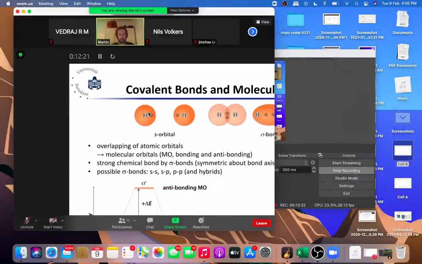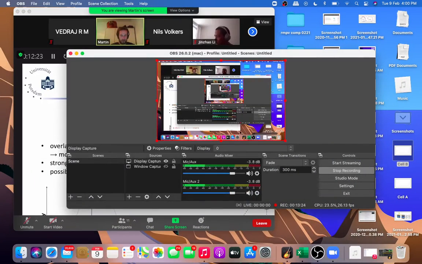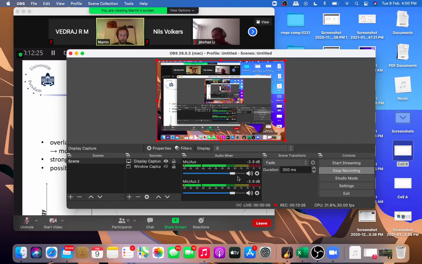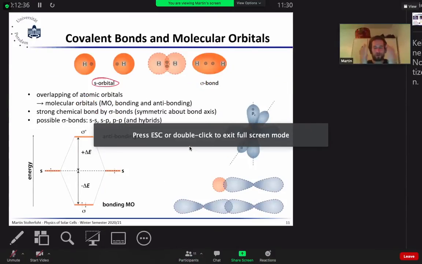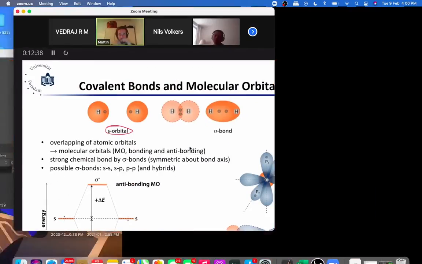So let's discuss molecular orbitals. You see here a hydrogen molecule, and the hydrogen atoms have their s orbitals, right? First shell, and they have 1 electron.